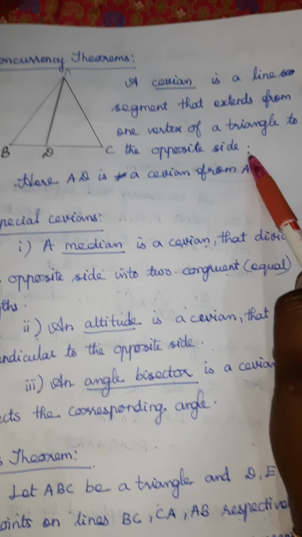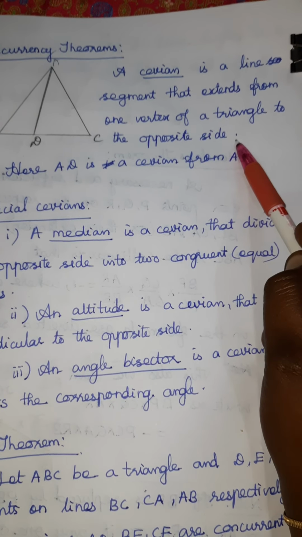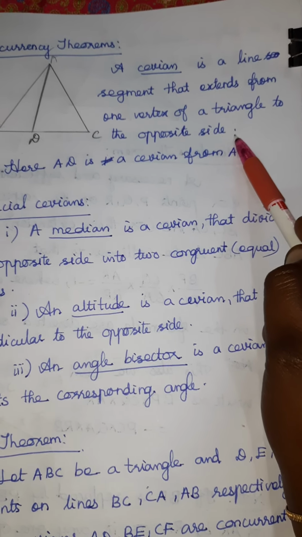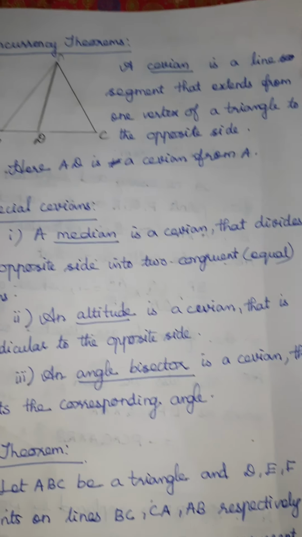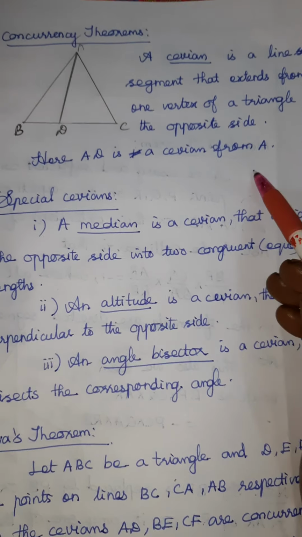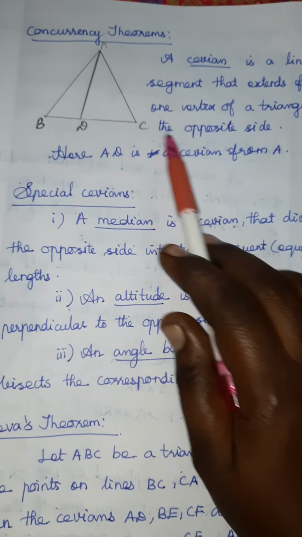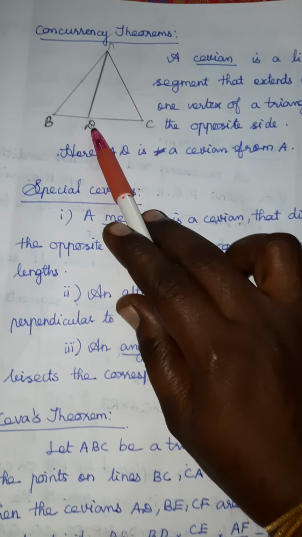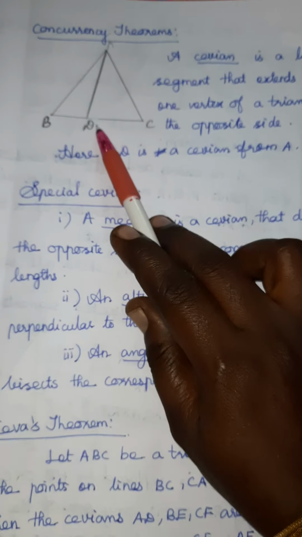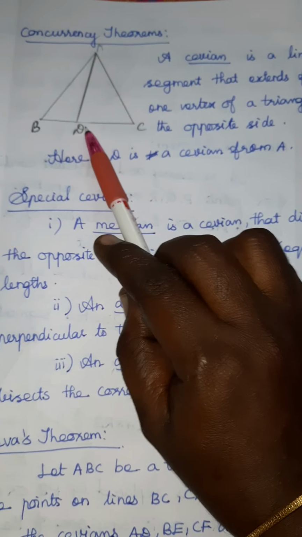There is no condition. It may be the median or angle bisector or perpendicular bisector or the altitude, or simply without any condition. Anyway, if you draw one line from one vertex to the opposite side, it is a Cevian. Here AD is a Cevian from A.